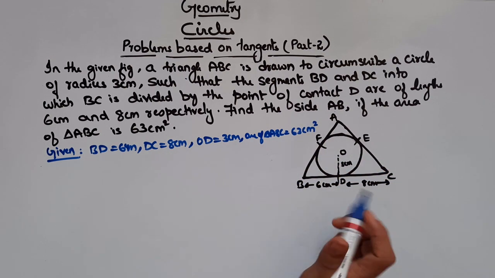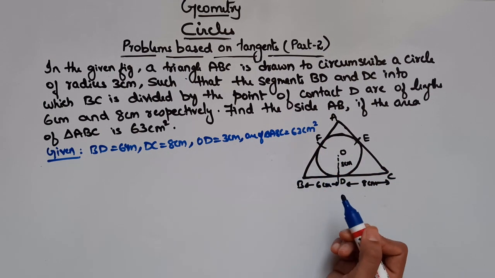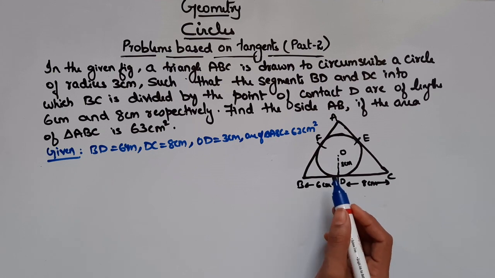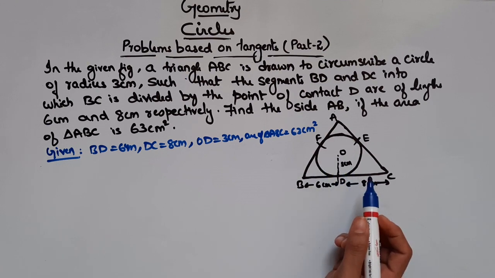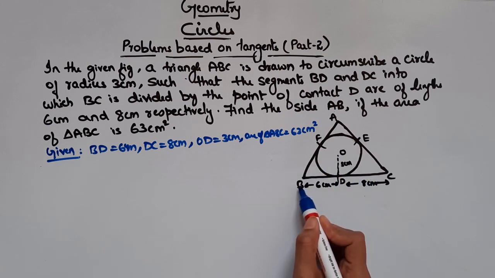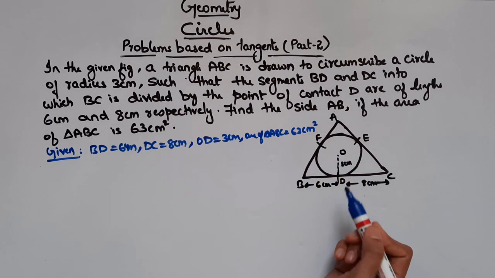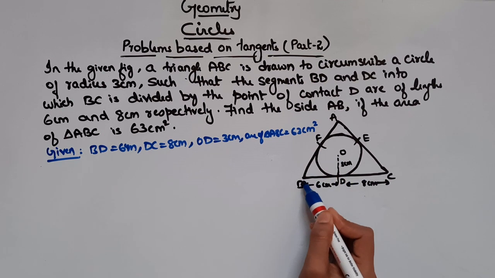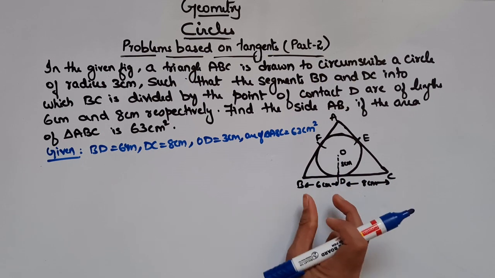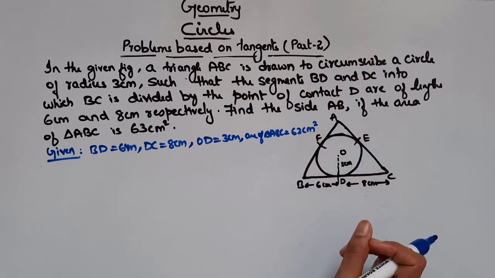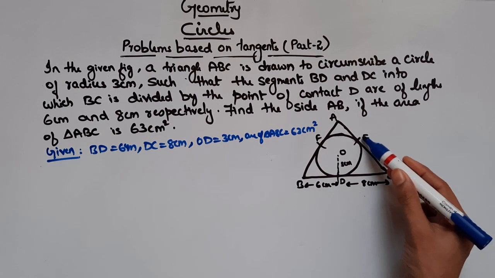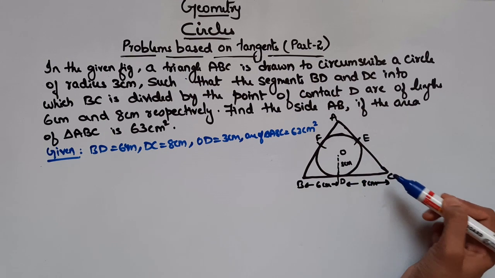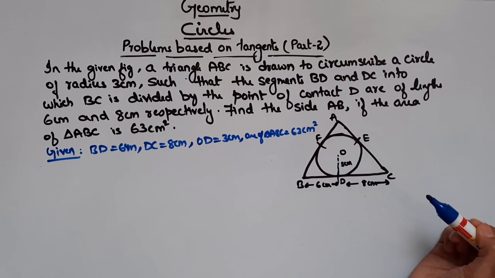Now if you see the figure, here B is the external point to the circle. So from the theorem we know the lengths of the tangents drawn from an external point to the circle are equal. So here the tangents are BD and BF to the circle, right? From point B, according to the theorem we can say BD is equal to BF. Similarly from point C we can say CE is equal to CD. So therefore we can write CE is equal to 8 cm, right?